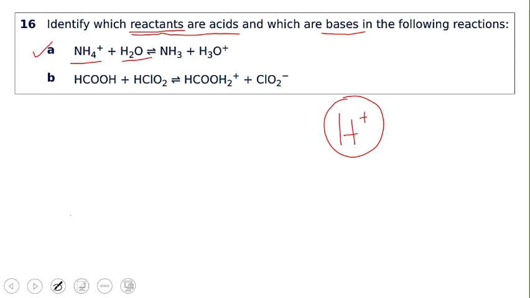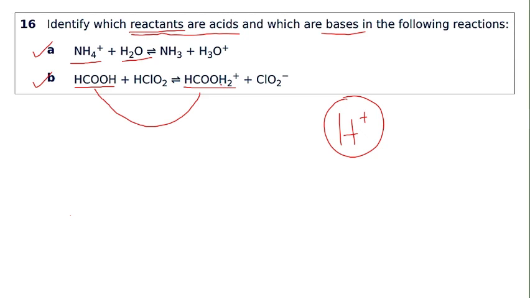In the second reaction, we have HCOOH plus HClO2 reacting and producing HCOOH2+ plus ClO2-. Again, here the HCOOH is changing into HCOOH2+.